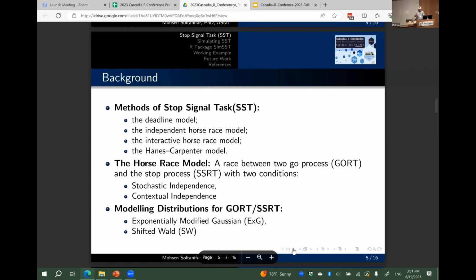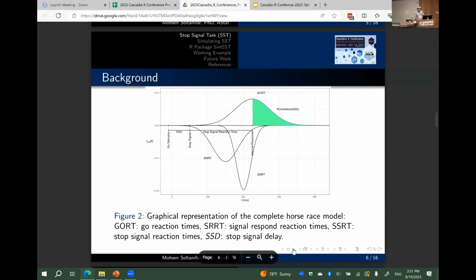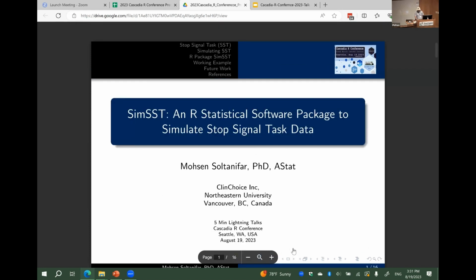The modeling distributions are mainly ExGaussian, which is the sum of a normal and an exponential, and also Wald. This is the diagram used to check the distributions and study them. If the green area is bigger, you are doing better. If it's shrinking, you are not doing very well.